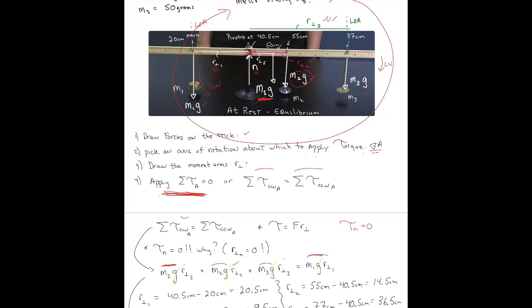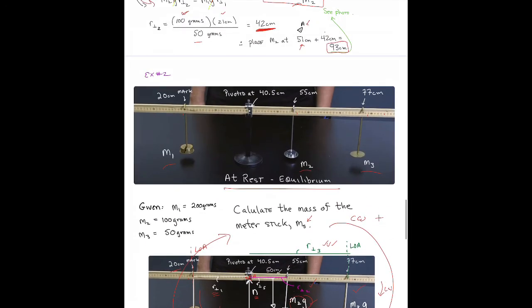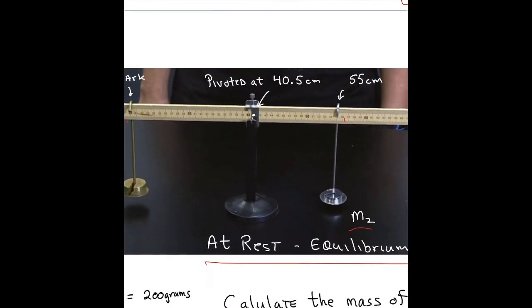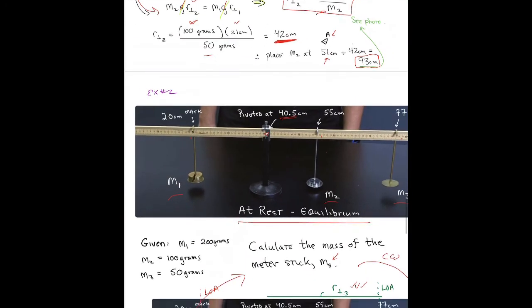Then what I had to do in the pictures was calculate all the moment arms. I look at R perpendicular number 1. Number 1 is at the 20 centimeter mark. I know it's hard to see in this picture, but the stick is actually pivoted at the 40.5 centimeter mark.